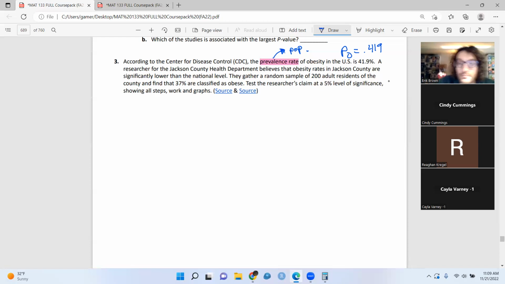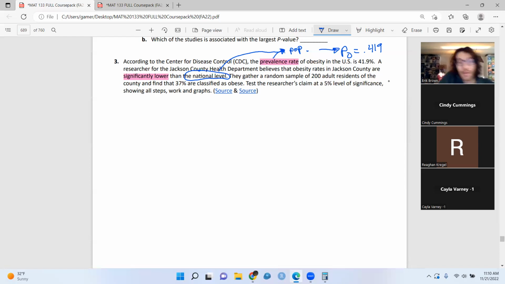Okay, so we got the population value, and then we got a researcher for the Jackson County Health Department who believes that obesity rates in Jackson County are significantly lower than the national level. Okay, so this is a keyword, significantly lower. And this national level is referring us back to our prevalence rate, which is referring us back to the population value, the P naught, 41.9%.